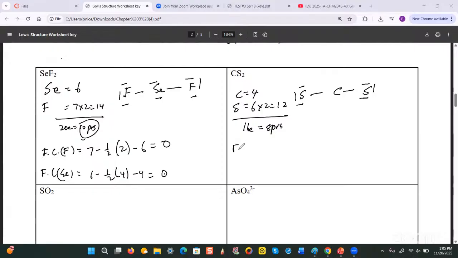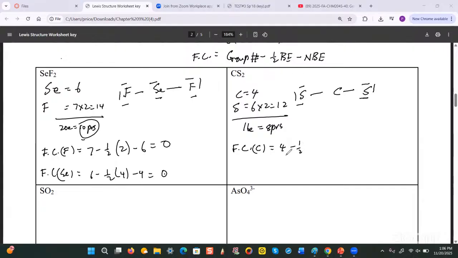formal charge, right? So remember, please remember this formula. Formal charge is equal to the group number minus half the number of bonding electrons minus the number of non-bonding electrons. That's a formula that we use to calculate the formal charge. So let's do so for carbon. What's the group number for carbon? 4 minus half.